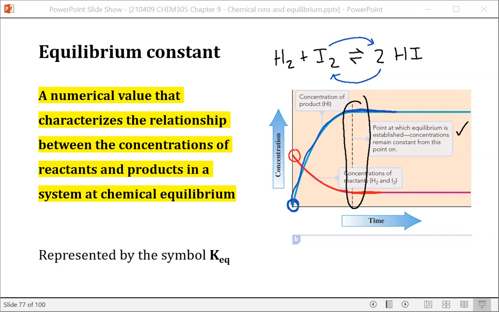So we can mathematically relate these concentrations, the concentrations of product and the concentrations of reactants, using an equilibrium constant. So we abbreviate the equilibrium constant KEQ to show the relationship between the concentrations of products and the concentrations of reactants in a chemical equilibrium reaction.